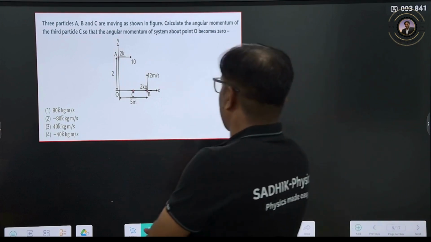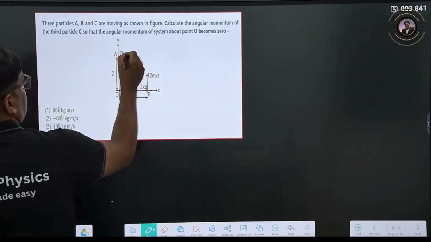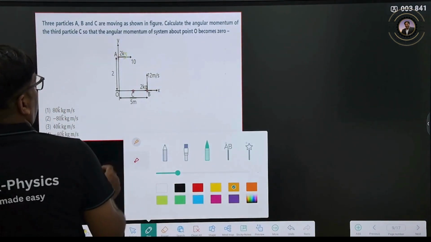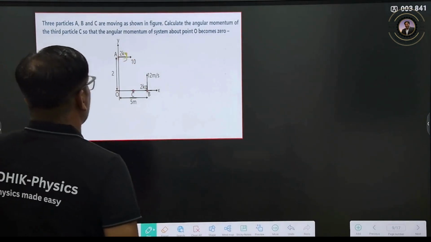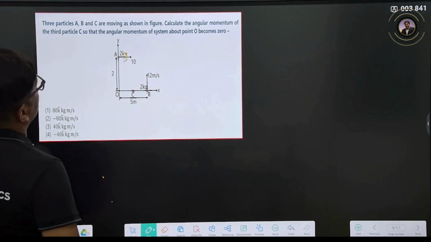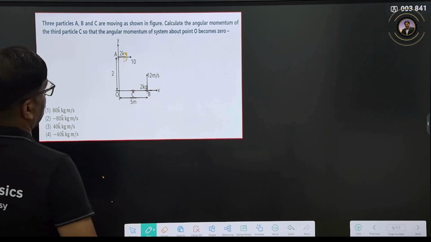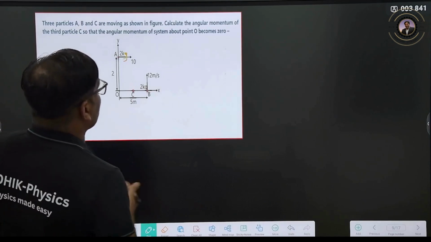Right. So here this one particle is 2 kg, and it is going here. So we want to calculate the angular momentum of these 3 particles. The mass of this particle is not given.